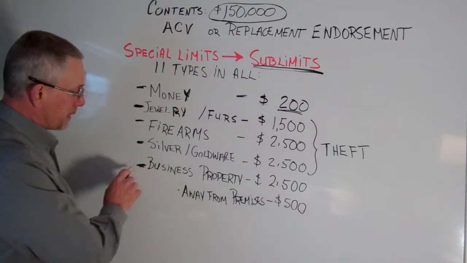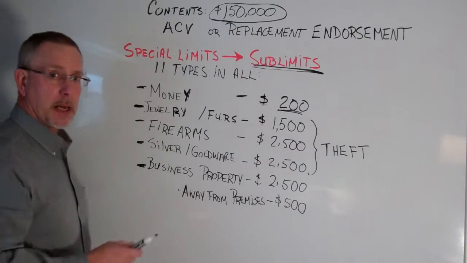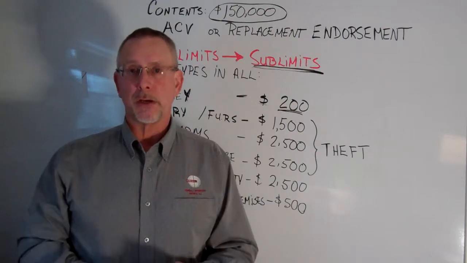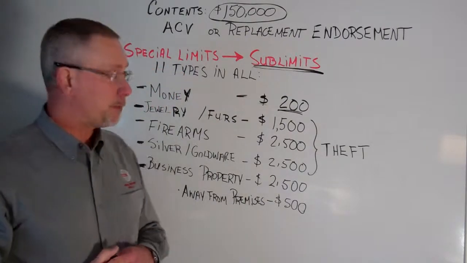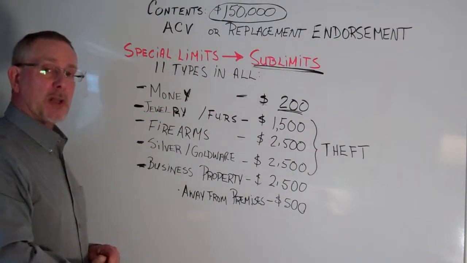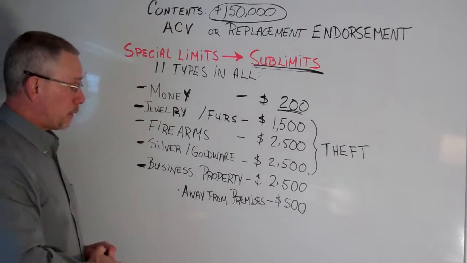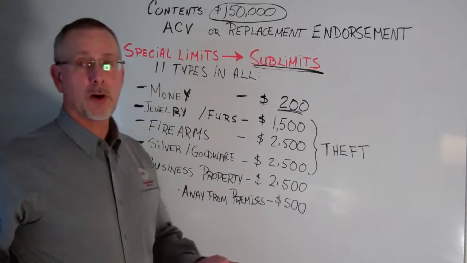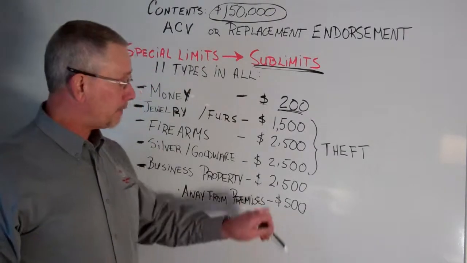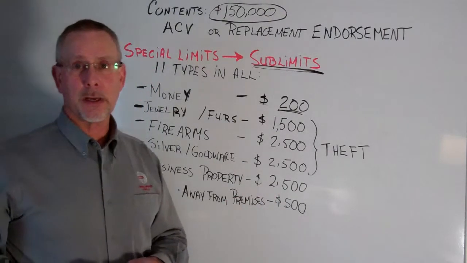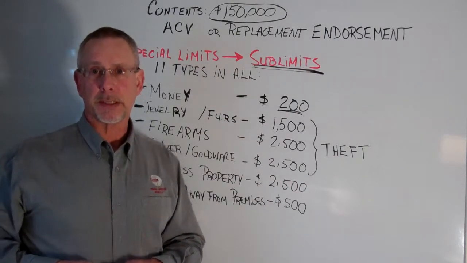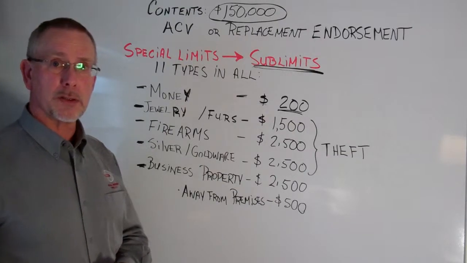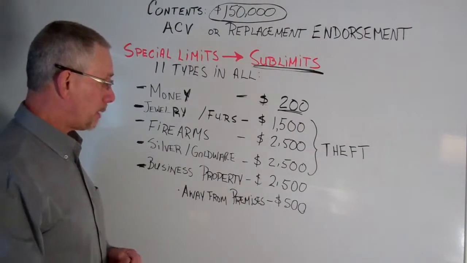Another area that is often misunderstood, there's a lot of home-based businesses these days and offices within homes that are used for business purposes. If you have a large loss situation, just be aware that for business property within your home, if you have a dedicated office, you're going to have a $2,500 limitation, and you would need to get a business property endorsement on your policy in order to increase those coverages up to what maybe they should be.